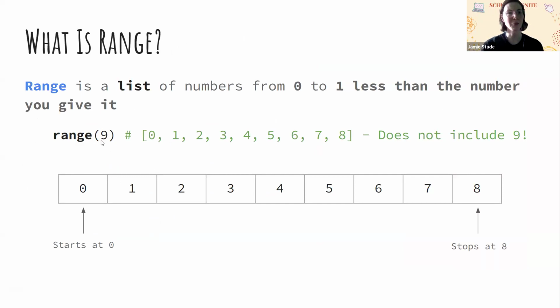We say range 9 not because it goes to the number 9, but because there are 9 values in this list. Going from 0 to 8, there are 9 different values here. So that's what range 9 means, and it goes for any other number. If you put range 5, it would go from 0 to 4. So it would be 5 different values, but ending at 4.